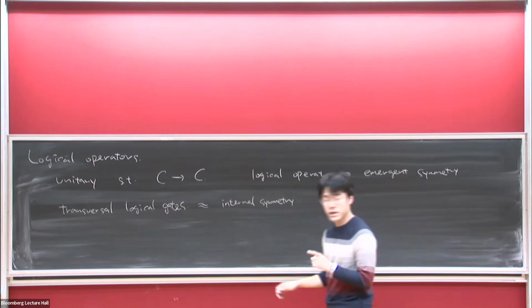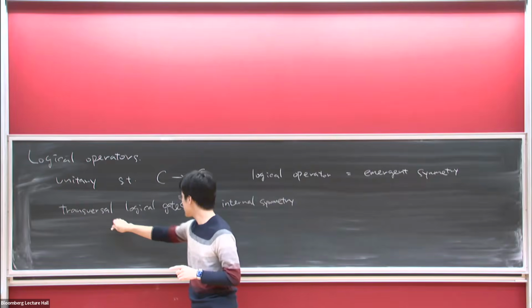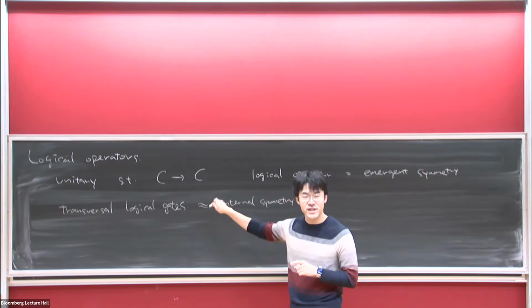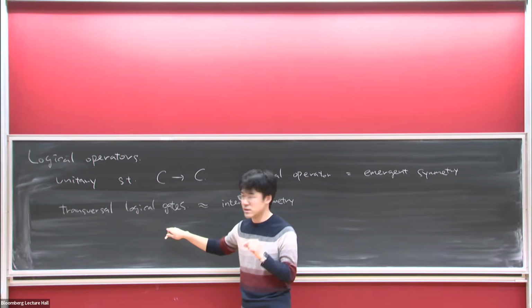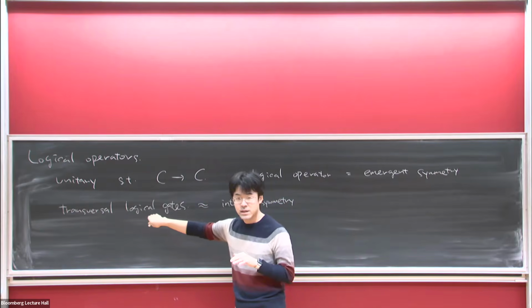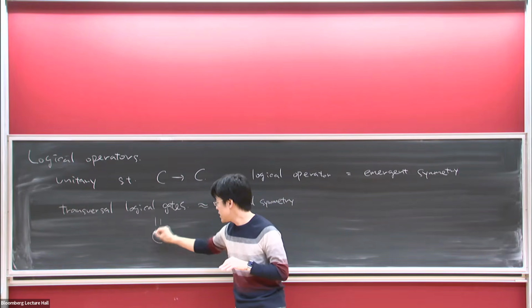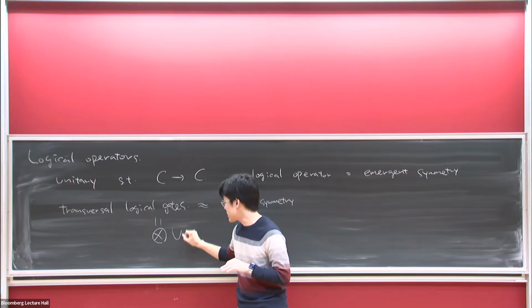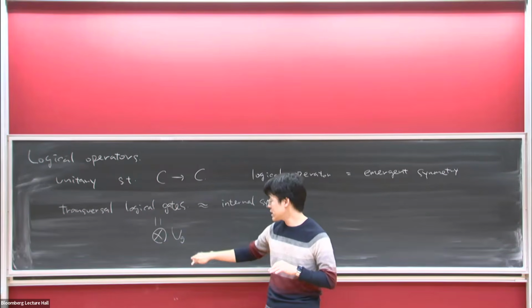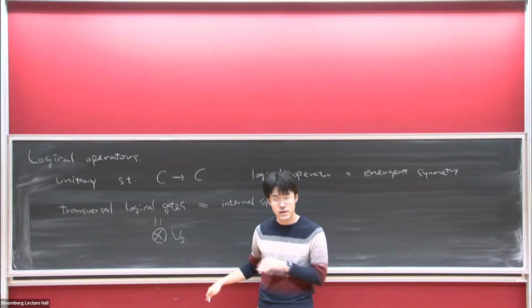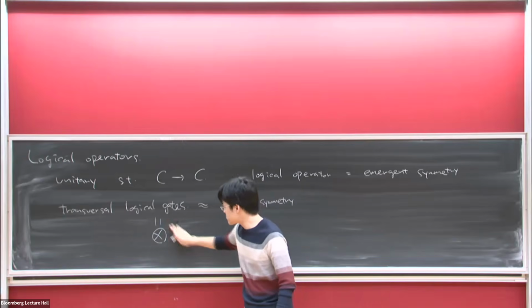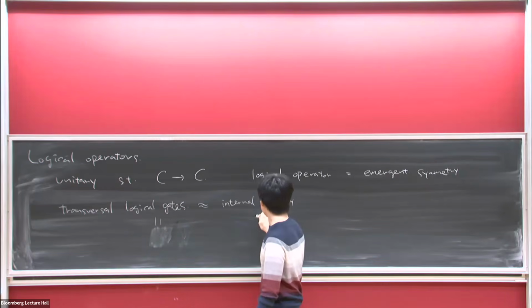Originally, quantum information people meant on-site operators. Typically in the older context, transversal logical operators mean unitary operators generated by on-site operators U, but it is a bit too strong a condition.